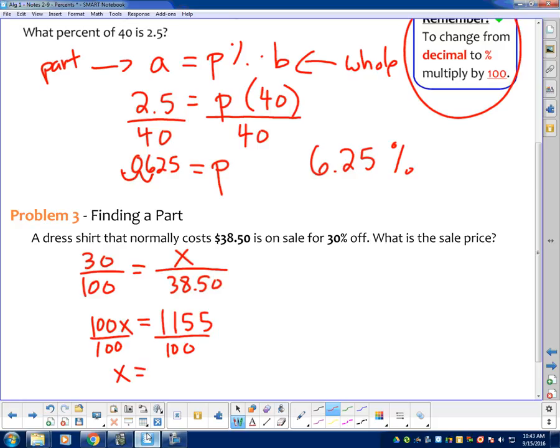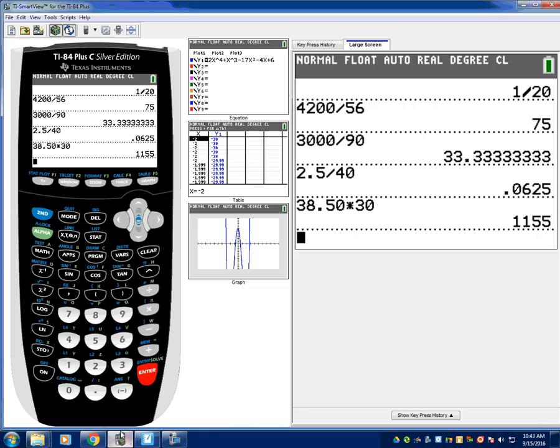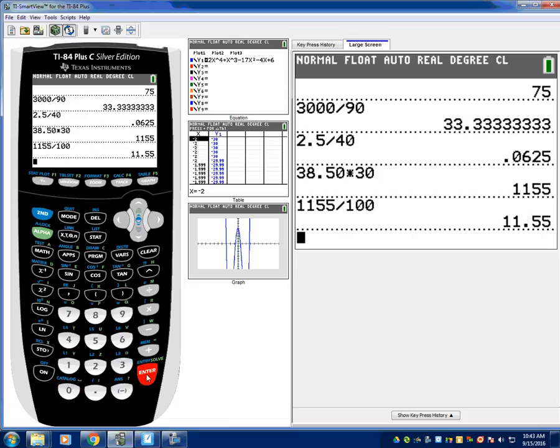So X equals, if I divide by 100, that's equivalent to moving the decimal place 2 places to the left, or you can do it on your calculator. You'll notice that I do move the decimal place 2 places left. You can see here, it went from here to here.